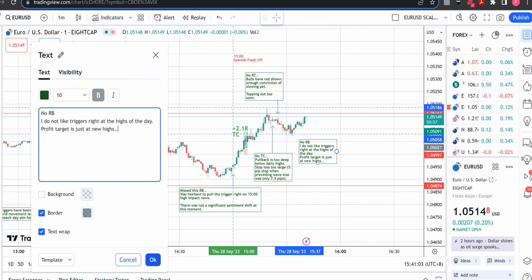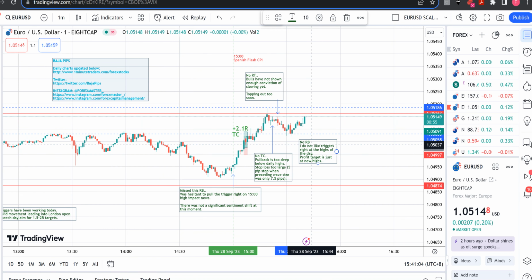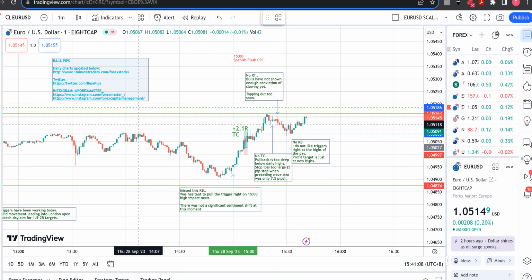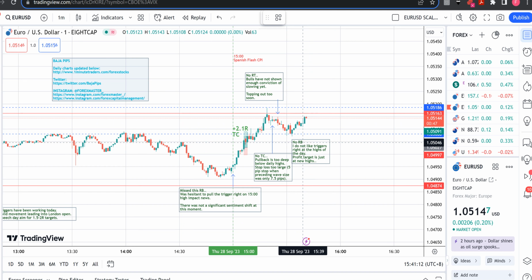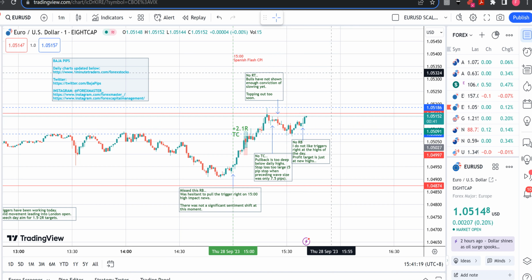It could go up, I just don't like it. Probably would have been right here. Then what I said, y'all. I know it could work out, but I'm gonna skip it.